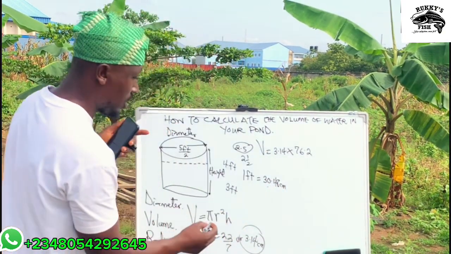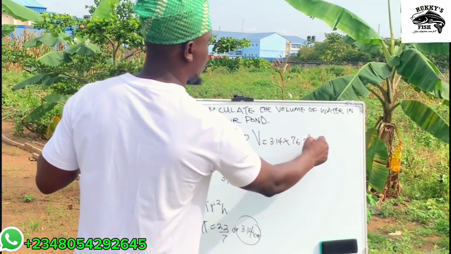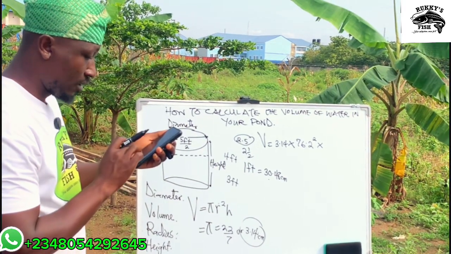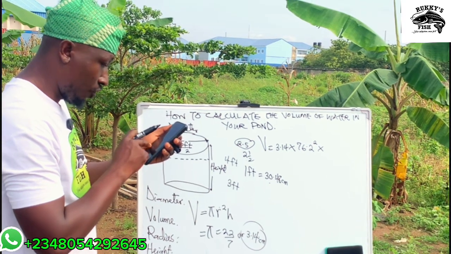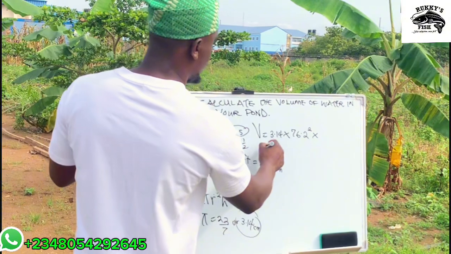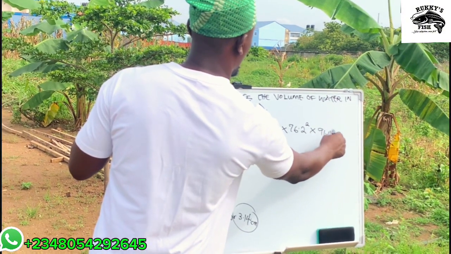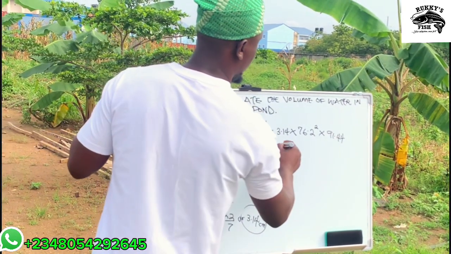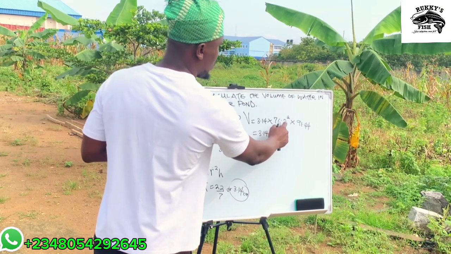76.2. Remember, our radius is squared, times the height, which is 3 feet. So let's calculate for 3 feet. 3 times 30.48 gives 91.44. So coming down here, we have 3.14 times 76.2.